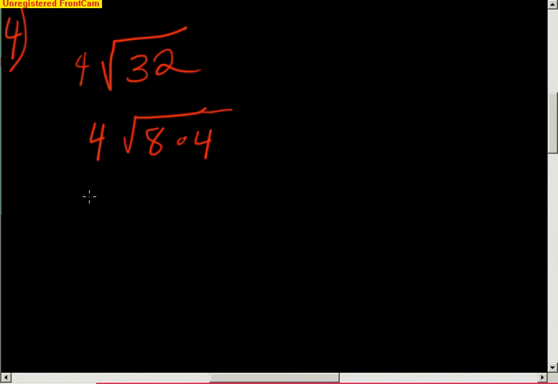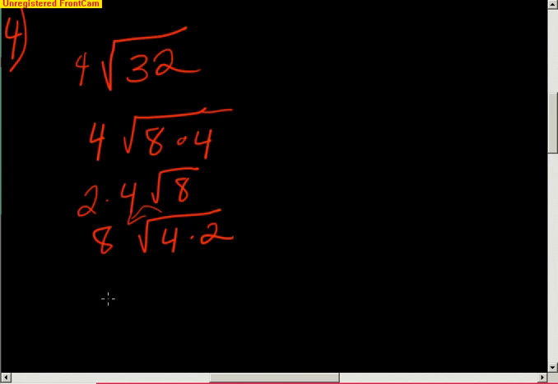We move the 2 to the outside. That's 2 times 4 root 8. But wait, 8 still can be factored, so let's multiply these together. We get 8 on the outside, but remember 8 is 4 times 2. And again, I have the square root of 4 on the inside. It can move to the outside, turns into a 2, becomes 2 times 8 root 2, or 16 root 2.